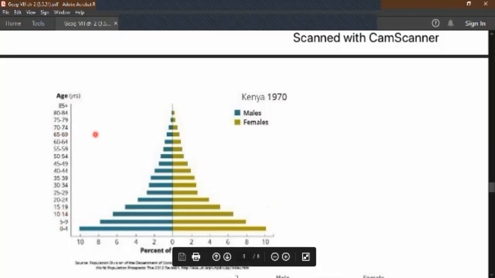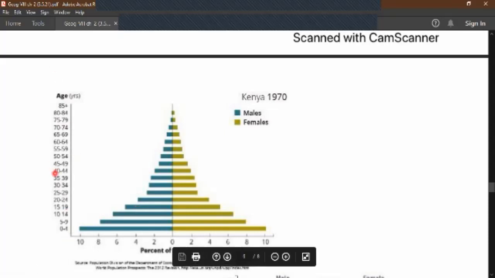Those between 15 and 65 are the working age and economically active population.